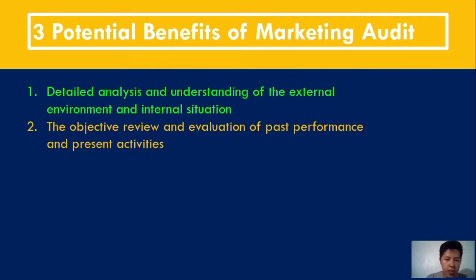The next thing is the objective review and evaluation of past performance and present activities. And so we have to backtrack all of the historical data, all that we can review in the previous years, all of the strategies that were done, the expenses, everything that is necessary for us to understand why a company is in such a particular situation, and what the current activities are as a consequence of past decisions.